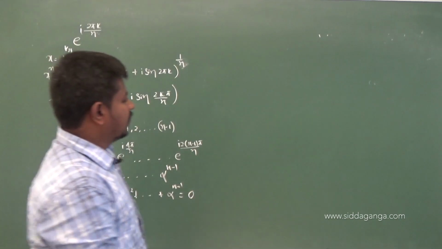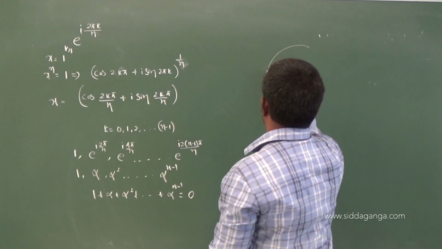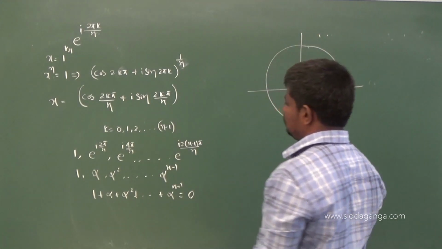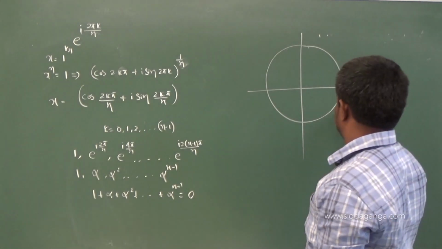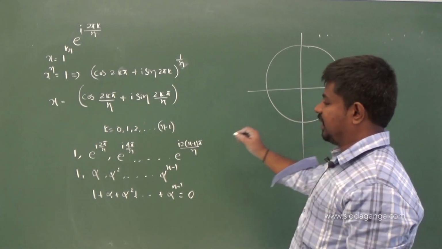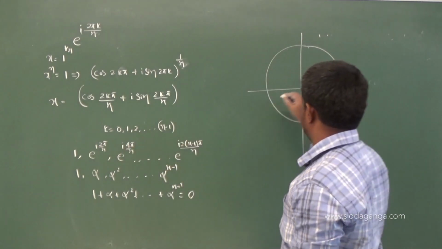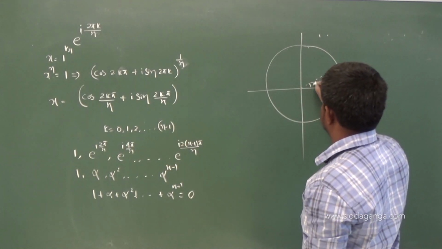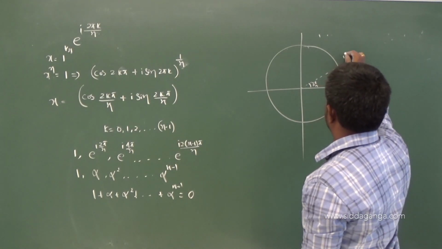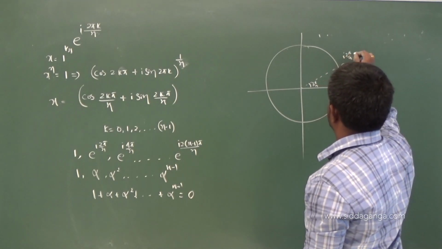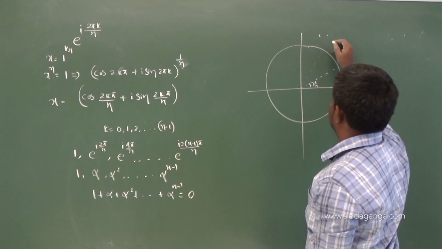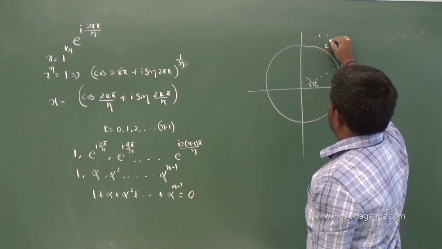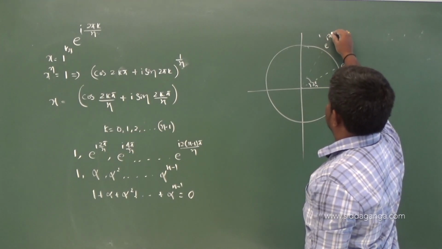So if you consider this in a circle of unit radius, what do you get? First one is 1, here, and the second one is e power of i into 2 pi by n, where the amplitude is 2 pi by n. The next one is e power of i 4 pi by n.